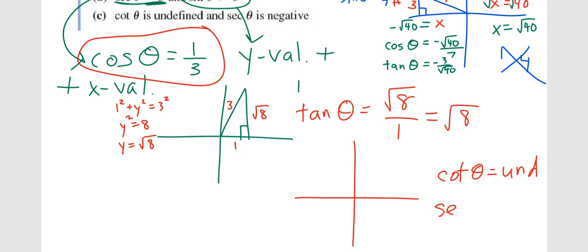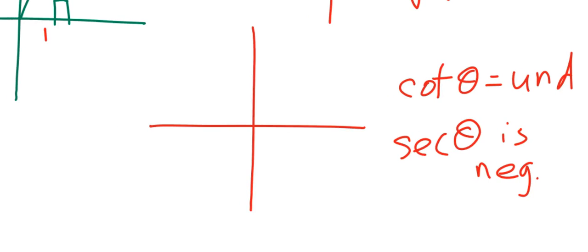And then they also told me that the secant is negative. This is the information they gave me.